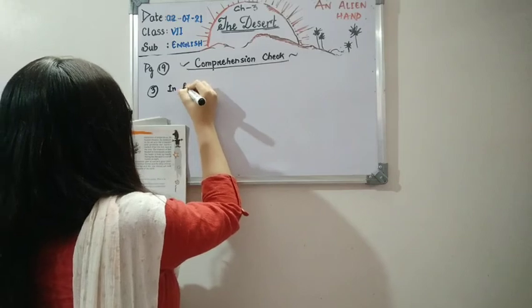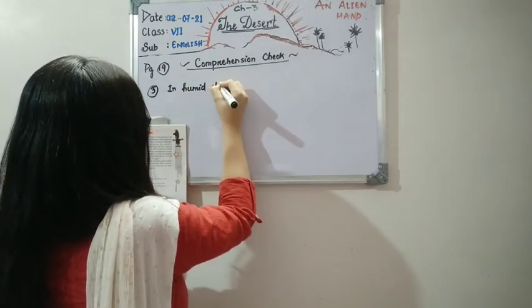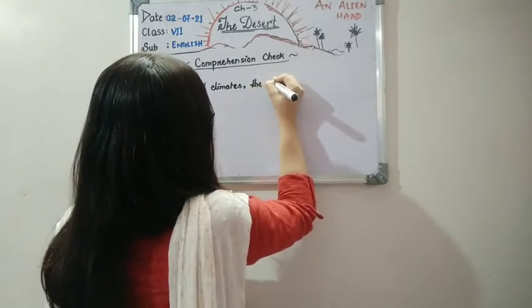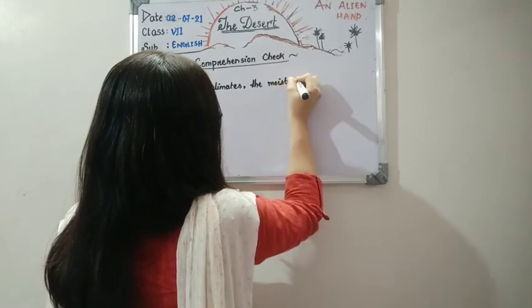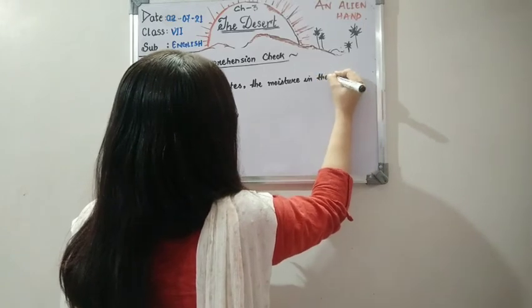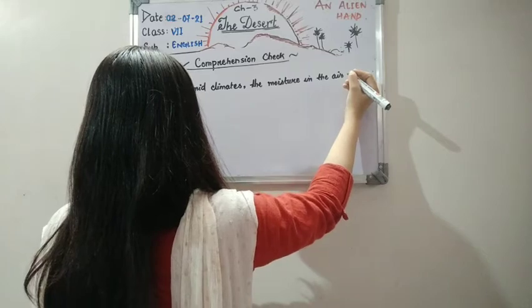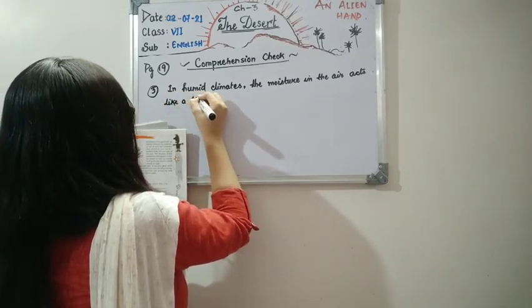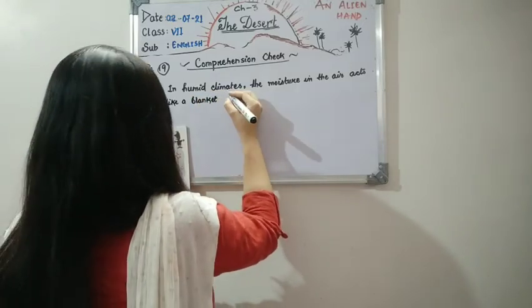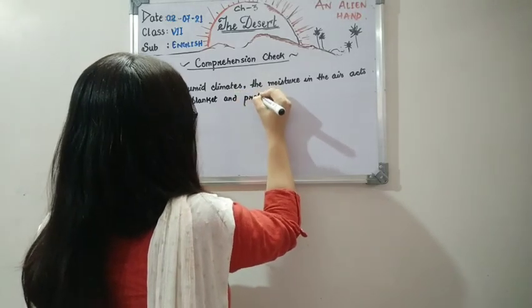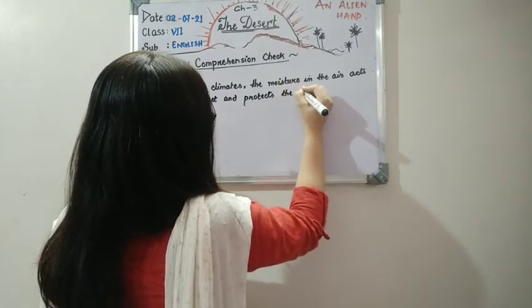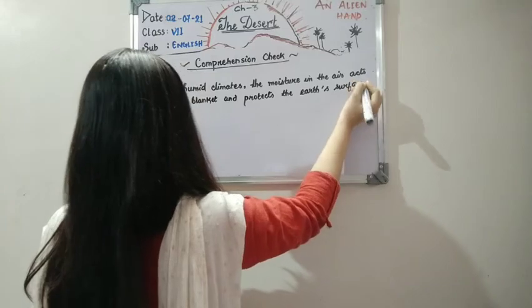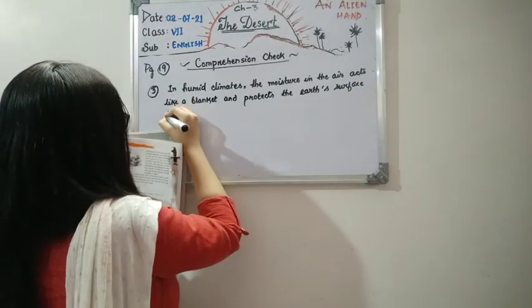In humid climates, the moisture in the air acts like a blanket and protects the Earth's surface from the hot rays of the sun.